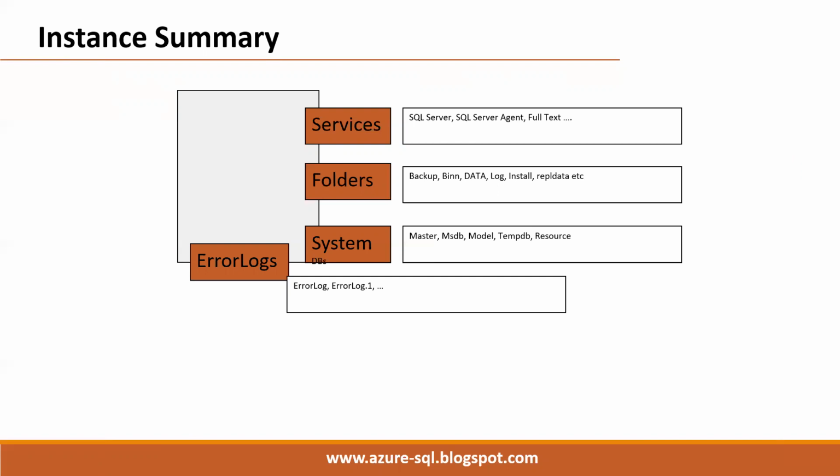Instance metadata. Every instance has its own metadata. Means in this instance, how many databases are there? On which database what feature is there? That information is there in which databases? System databases.